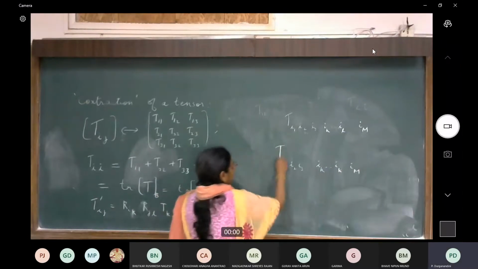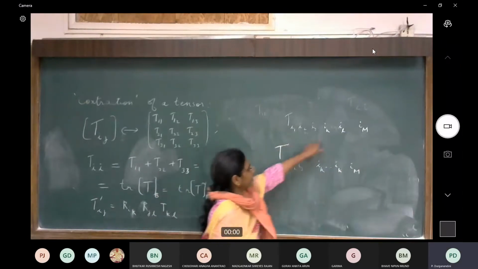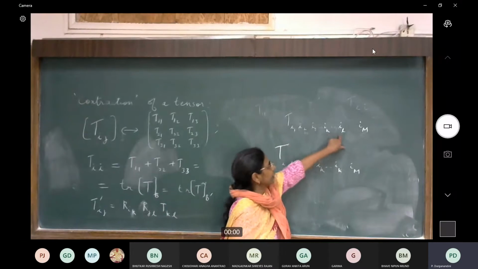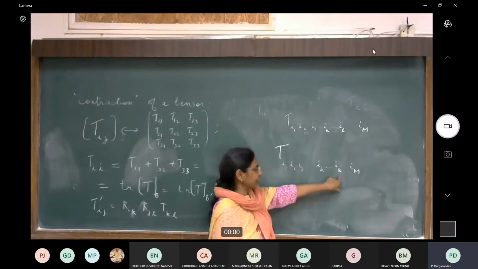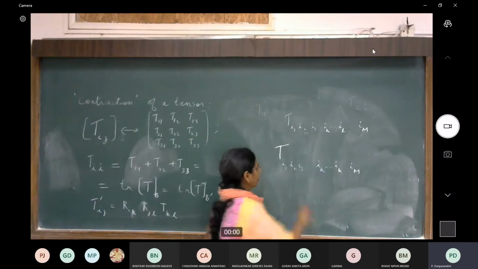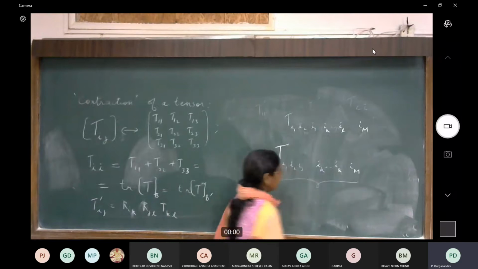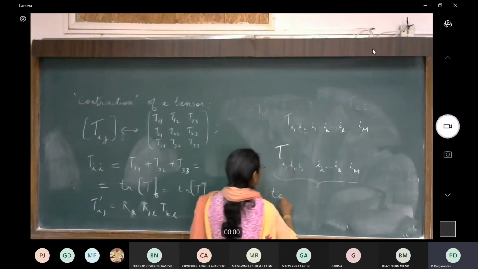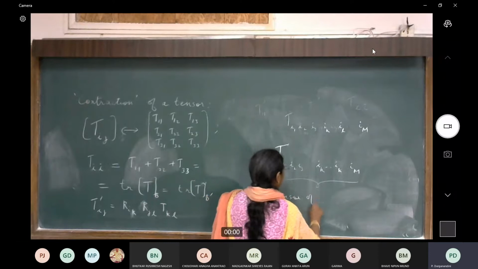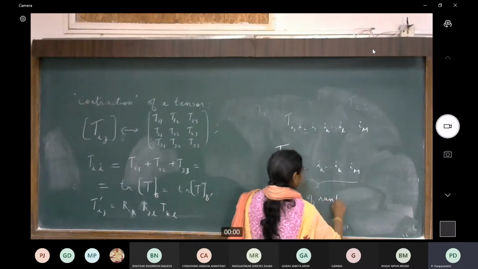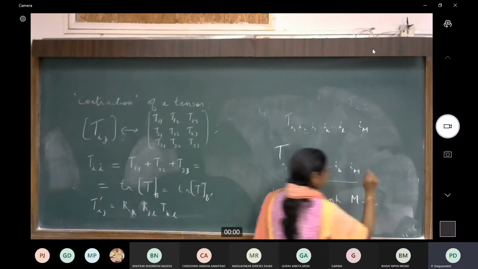Now this object, where you've equalized the two subscripts ik and il, and because of the summation convention you've summed over them, what you can show is that this is going to transform like a tensor of rank n minus 2.